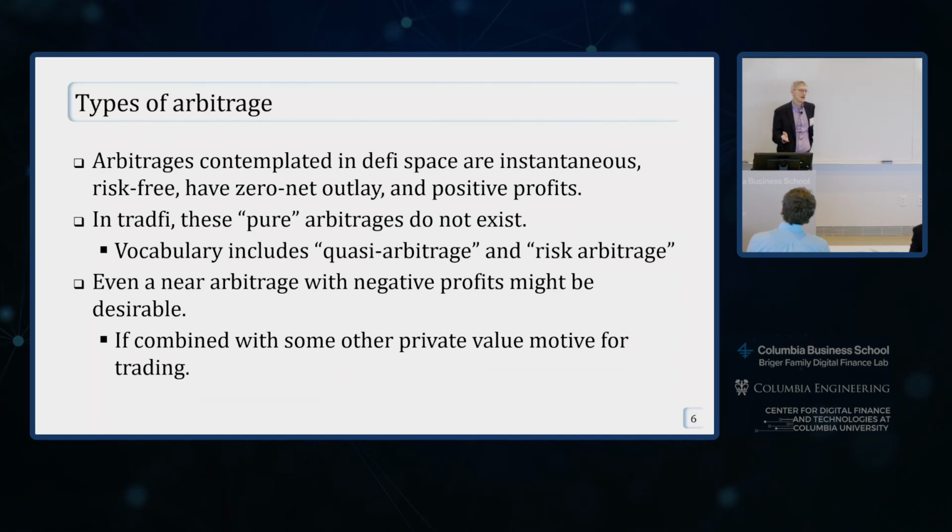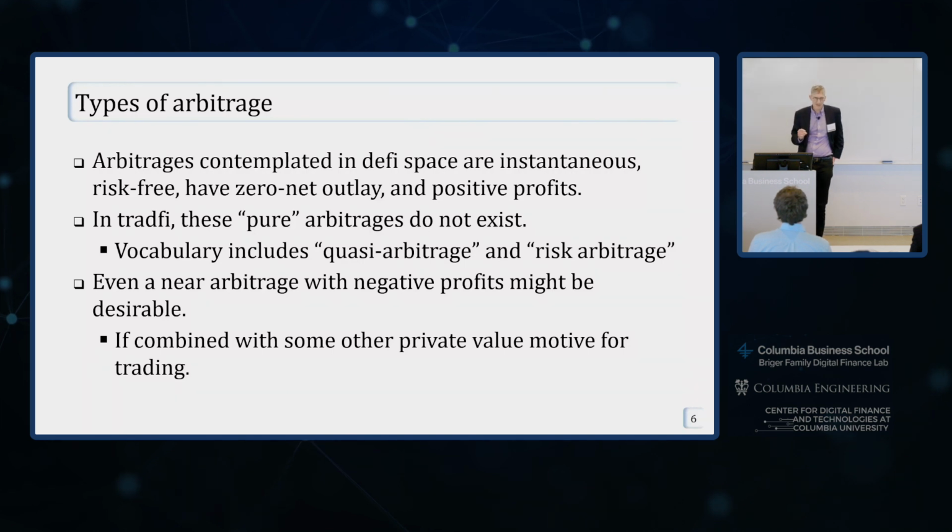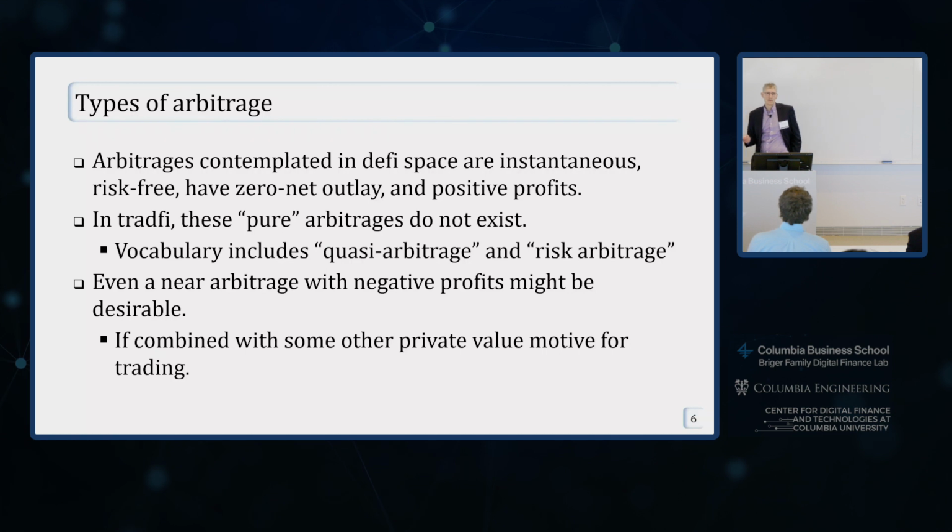Now, the arbitrages in this paper and in most of DeFi, they're what I'd consider pure arbitrage. They're instantaneous, risk-free, zero net outlay, and positive profits. Now, for a number of reasons in real-world TradFi markets, these kinds of pure arbitrages don't exist.